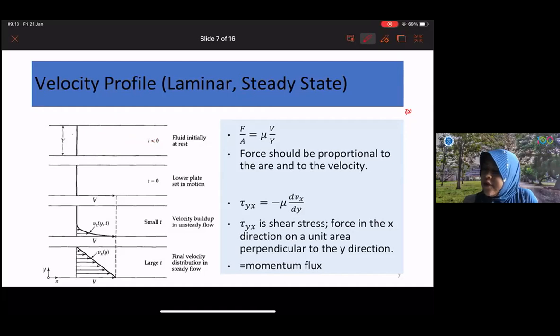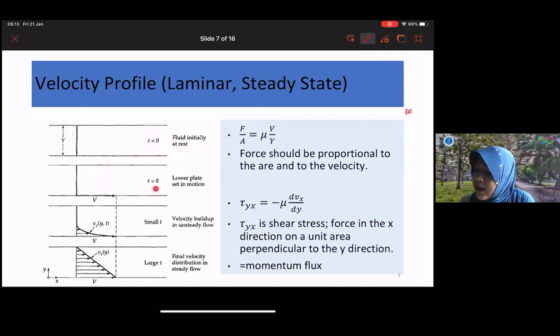Okay, so if we look here, let's say we have two parallel plates. This is the upper one, and this is the lower one, and the distance between the two parallel plates is y. At t less than 0, the fluid is initially at rest, which is steady, and it just stays still.